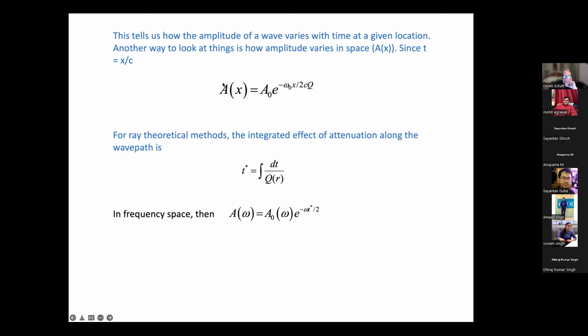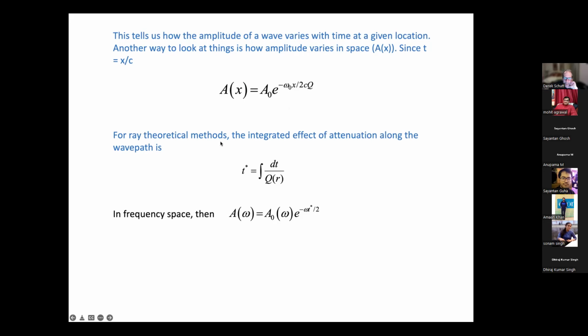So this tells us how the amplitude of a wave varies with time at a given location. Another thing to look at is how amplitude varies in space. Since travel time is just distance over velocity, here I'm using c for velocity, A of x equals A naught e to the minus omega naught x divided by 2cQ.